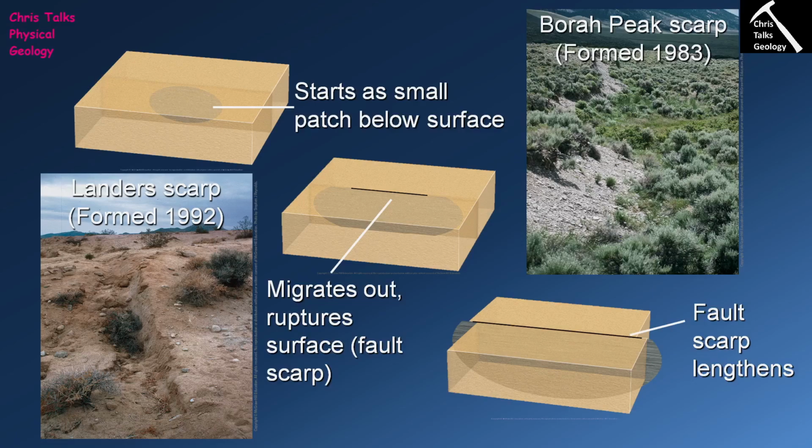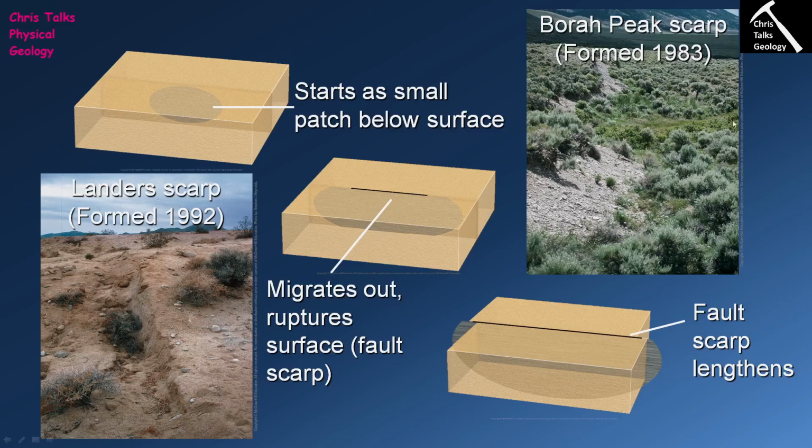Now, in this case, we have a similar feature, but it's being produced by a different type of fault. So this fault scarp is due to a normal fault. So in this case, we'll notice the strike-slip fault has essentially just produced a trench. In the case of the normal fault here, you'll notice there's a distinct step, there's a distinct change in topography. The ground is higher over here, it drops down at the fault scarp, and then that's the new ground level there. And obviously that's because we know in the case of normal faults, the hanging wall will drop down relative to the footwall.